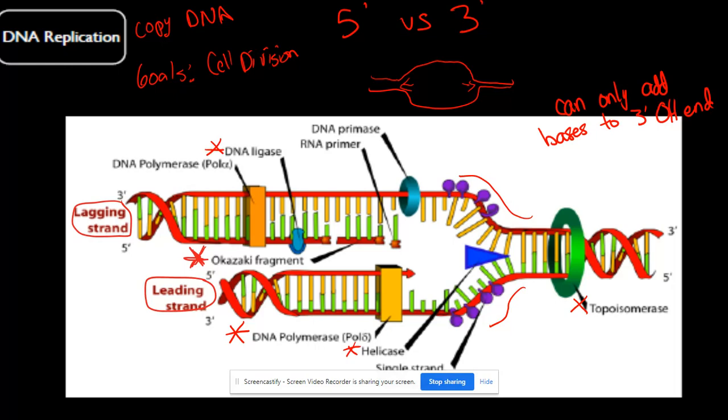But it's an overall process where you're going to see this supercoiling happen in between both of them. There's an enzyme that aids in spreading that DNA strand apart at the point of origin. Then another enzyme comes in to help reduce the supercoiling occurring between the two replication forks.